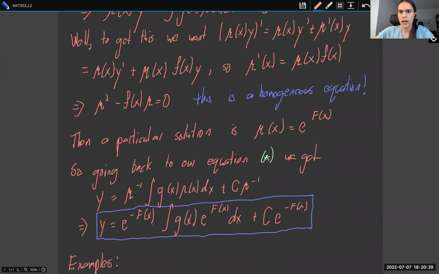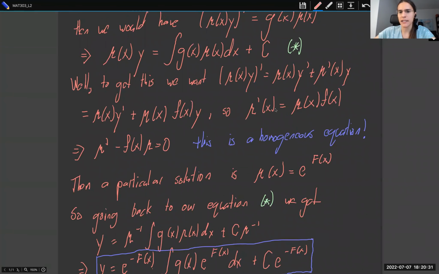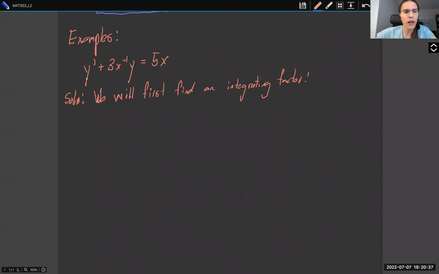And that formula is that mu prime of x is equal to mu of x f of x. So what we want is mu prime equal to, now what is f in this case? Three x to the minus one. Exactly.